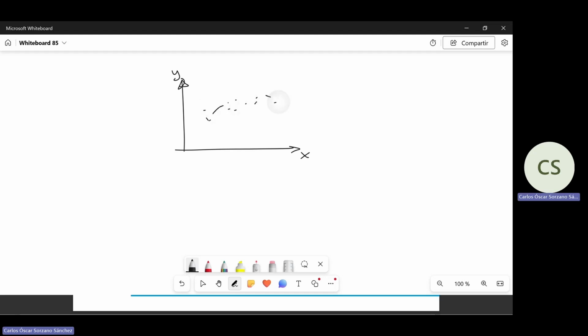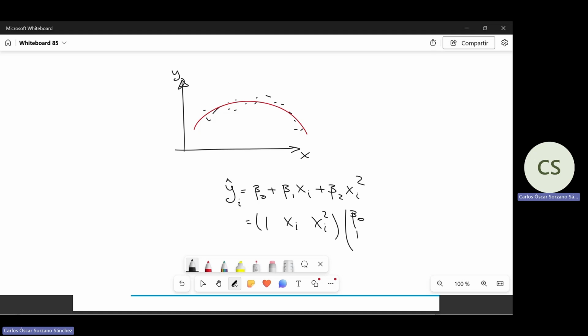So if you have Y, you have some points, let's say, and you put a quadratic model here. So you say my predicted Y will be beta 0 plus beta 1 x_i plus beta 2 x_i squared. So this is a linear problem. You can also write this as 1, x_i, x_i squared, times the vector beta 0, beta 1, beta 2.